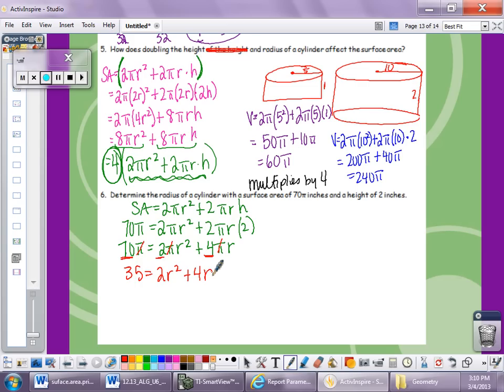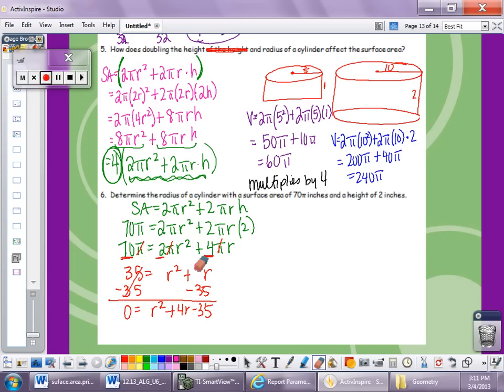And now I use what I know about quadratics, that good old quadratic formula, or factoring, in order to solve this problem. I subtract the 35 from both sides. 0 equals 2r. Oh, I'm sorry. We have a mistake. I hope you caught it. When I divided by 2, that should just be an r, plus 4r minus 35. Oh, 2 mistakes.